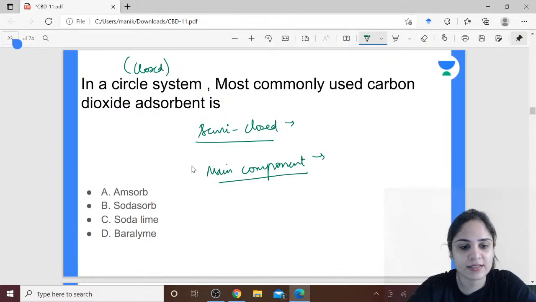Hriday is saying soda lime. Any other answers? Everyone is answering it correctly. So it is soda lime.